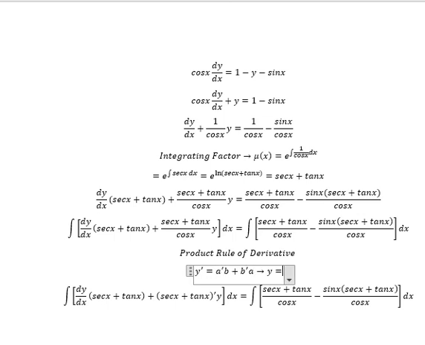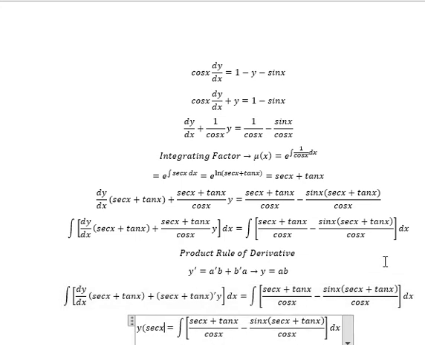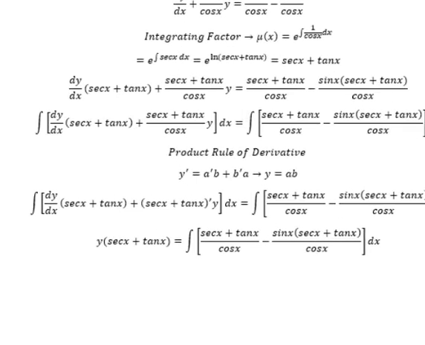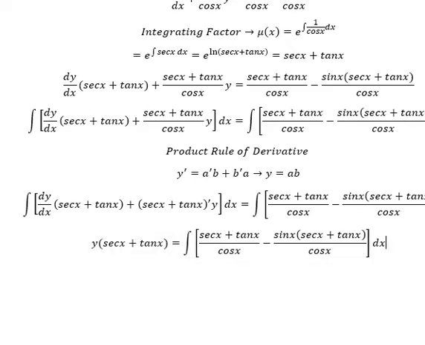So the integration of this one, we have y equals ab. So the integration of this one, we have y times secant of s plus tan s. Next, I will concentrate on this one.